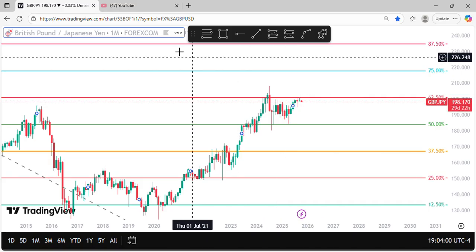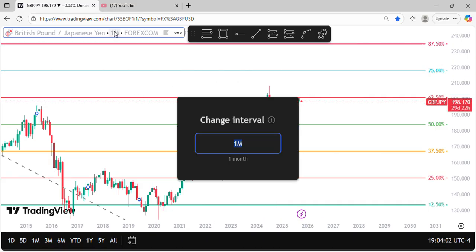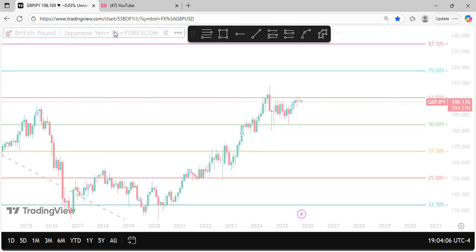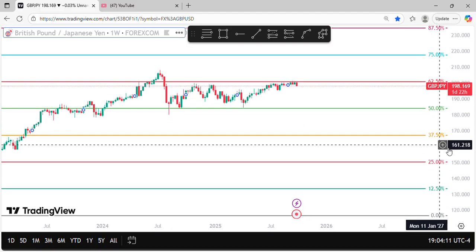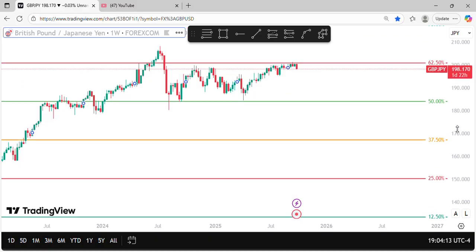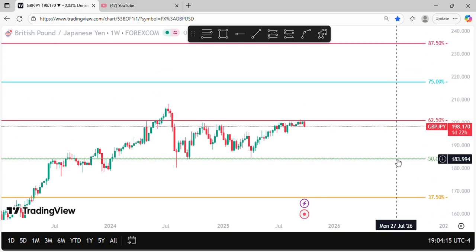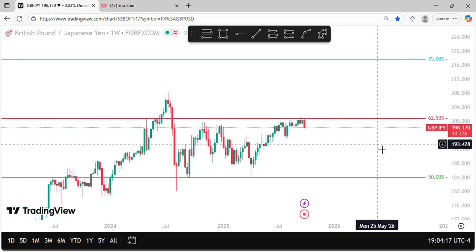If we should go into the weekly to make sense of it, you see that at the 62.5 we have this bearish fair value gap right there.